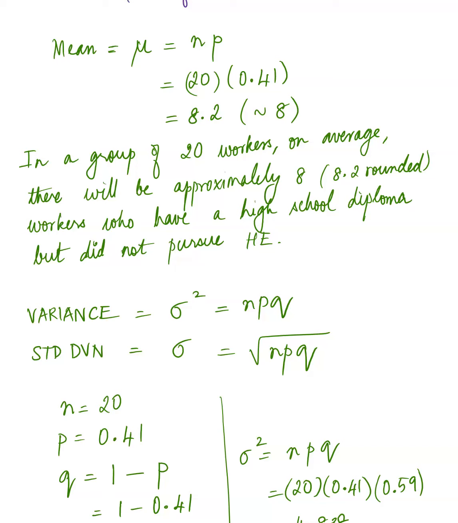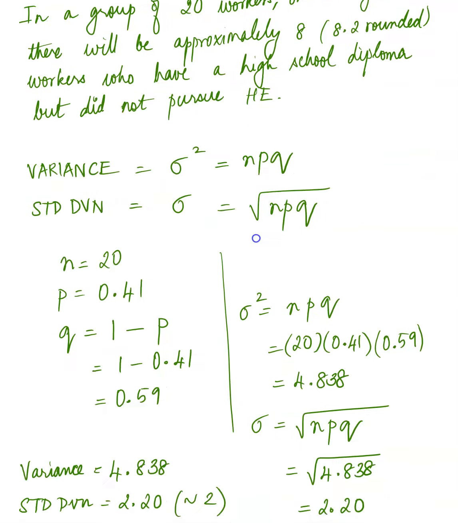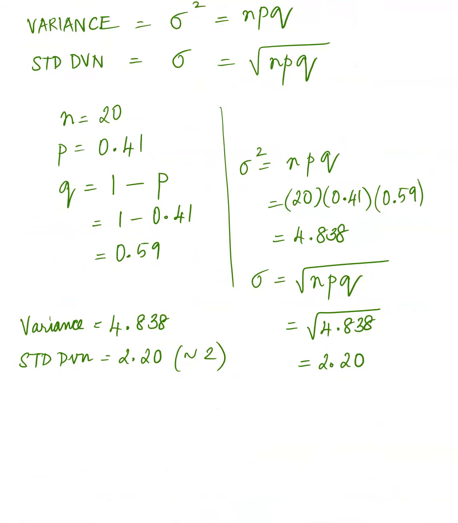So you can have 6 to 10 workers. So you're giving a range because you're saying approximately. So 6 to 10, because 2 below 8 and 2 above 8, who have a high school diploma but did not pursue higher education. So you're kind of giving a range of possible number of workers who fall in that requirement.